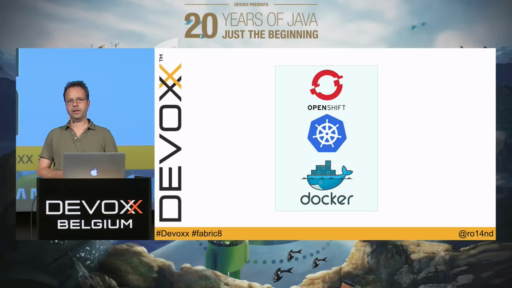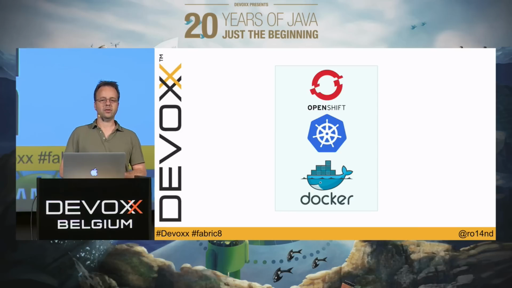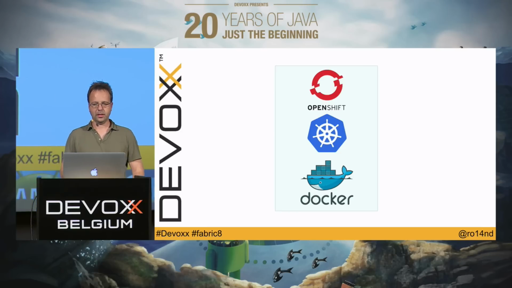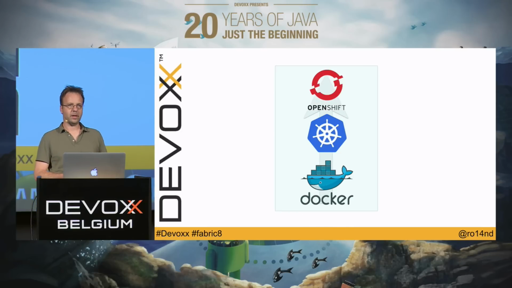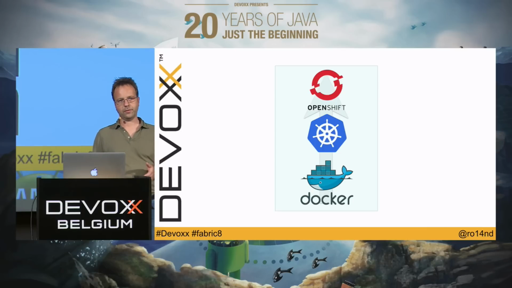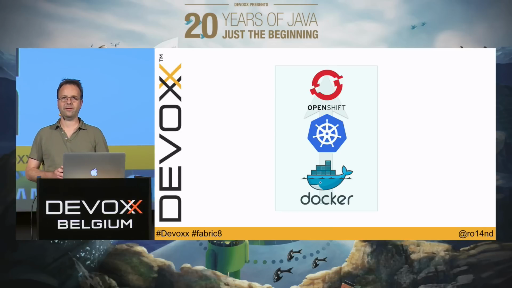And finally, on top of Kubernetes, there's OpenShift v3, which adds some more value to make Kubernetes a real platform as a service. So this goes from bottom to top. I will introduce each of these technologies a bit, except for Docker, because I assume that everybody knows more or less what Docker is, otherwise they wouldn't be here.